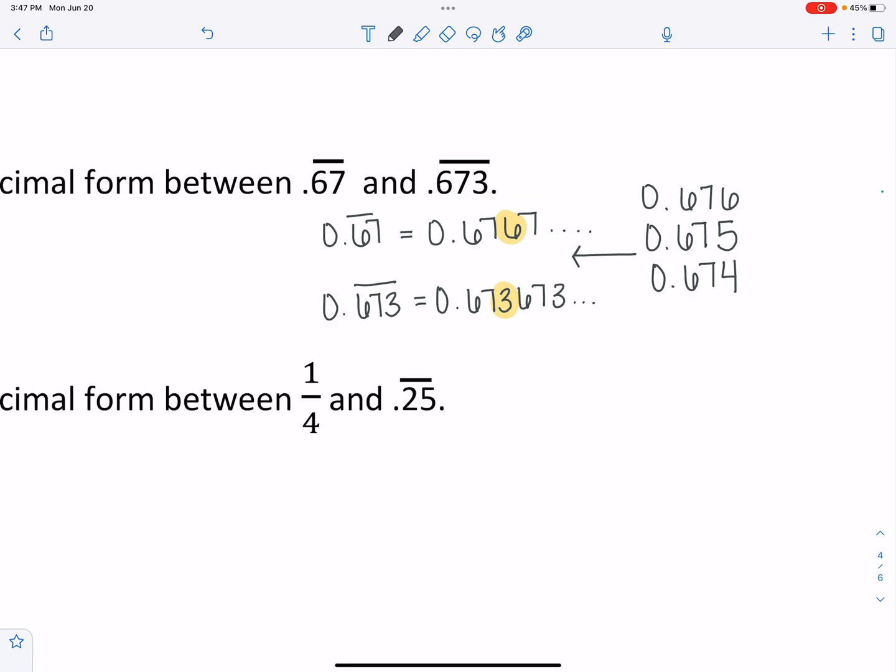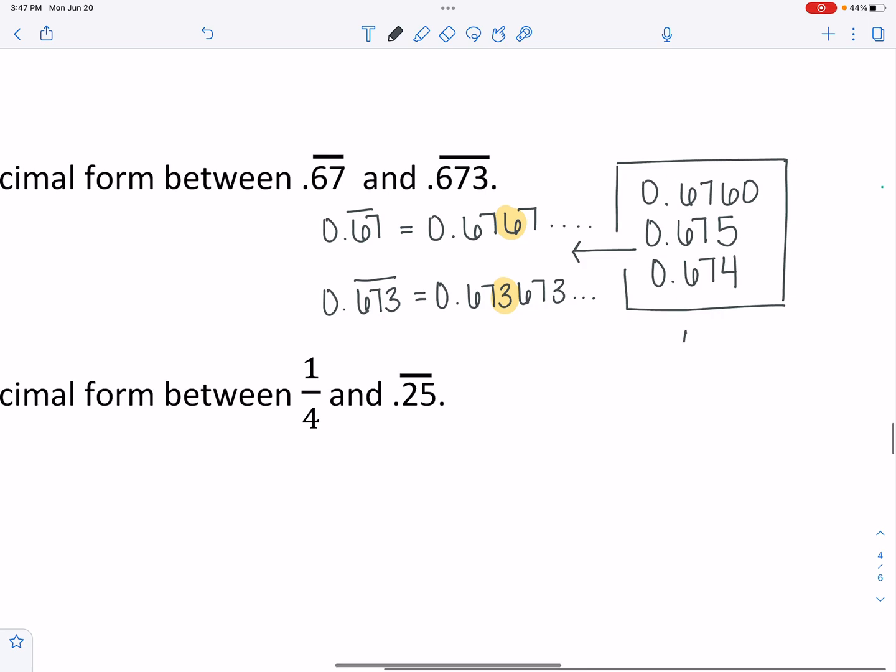Well, yeah, because that would be a 0, and if I compared those two, 67 is larger than 60. And so these would be my 3 numbers that I could use for answering the question. However, there are infinite, so you could have said 0.6737. That's between there. You could have said 0.6742. There are truly infinite right answers.